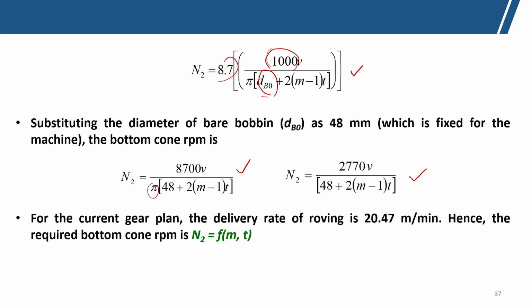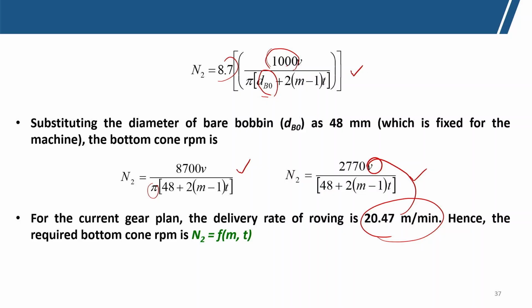For the current gear plan, the delivery rate of the roving is 20.47, that we have already calculated. Hence, the required bobbin bottom cone RPM, so now we have to calculate the bottom cone RPM. V is fixed, 20.47 is fixed.